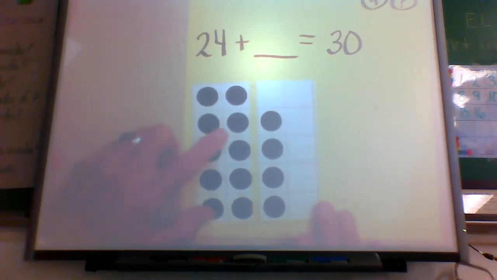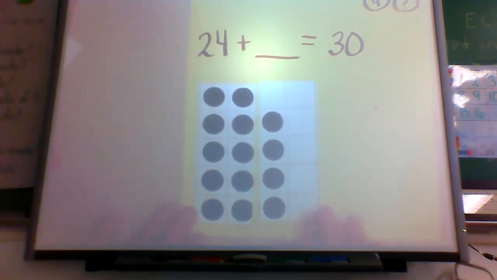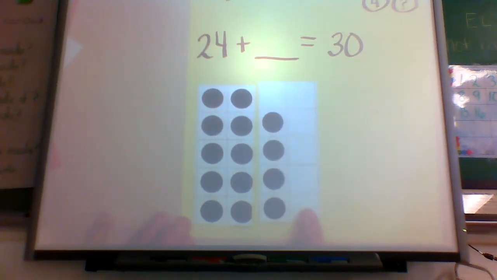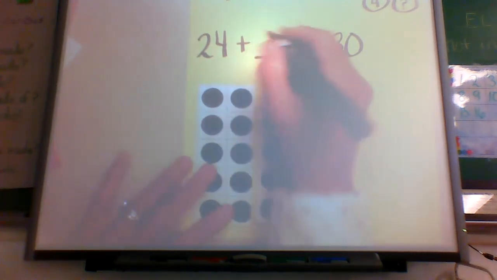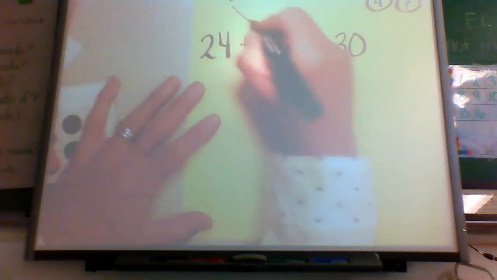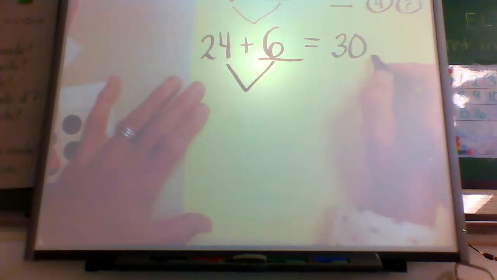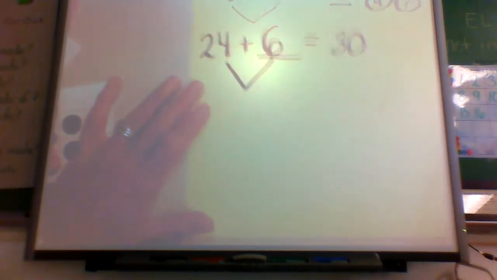We're going to count this twice. 10, 20, see? 10, 20, 21, 22, 23, 24. How many spaces can I fill to get to 30? Well, let's see. Here's 5, and 1 more is 6. So again, we're looking at these 2 numbers to get to 10. These 2 numbers to get to the next 10, which in this case is 30.